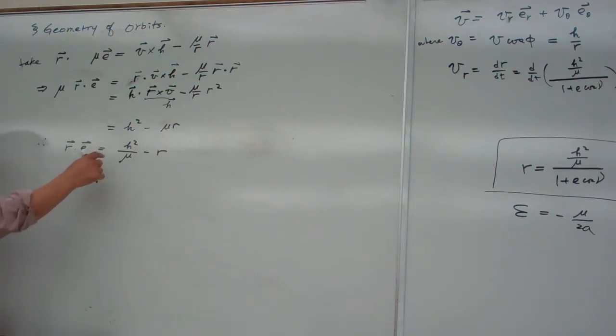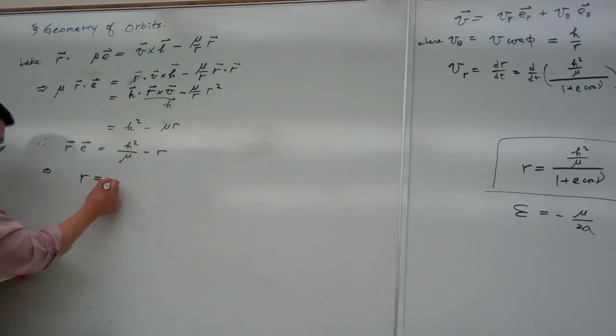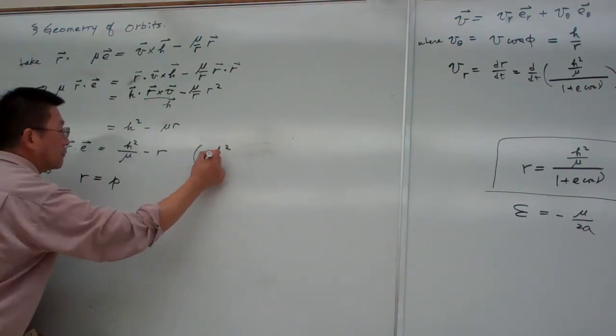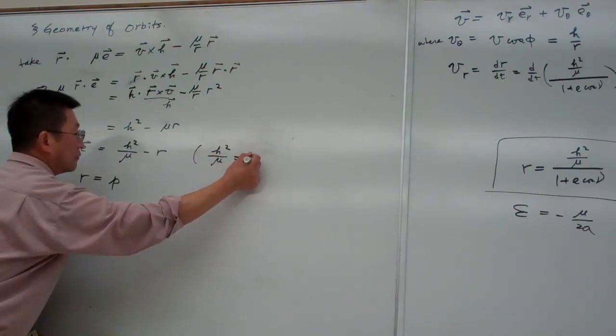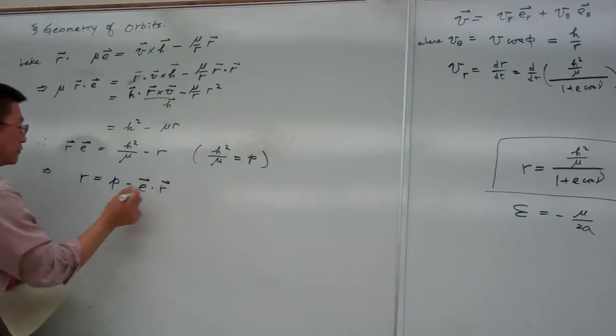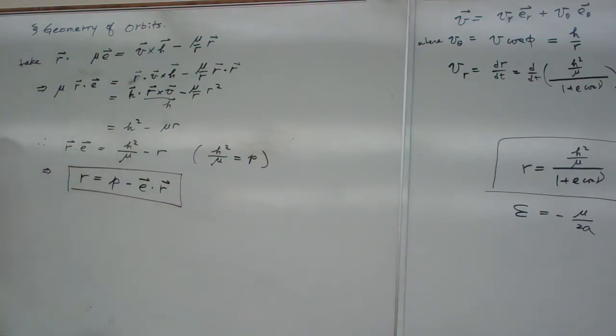And if you remember, this one actually is a defined parameter p. But that's not critical here, just a reminder. So here we have this, then we can simply rewrite it into this form: r equals p minus e dot r. And based upon this relation, I'm going to build up a bit more geometrical information about the orbit.